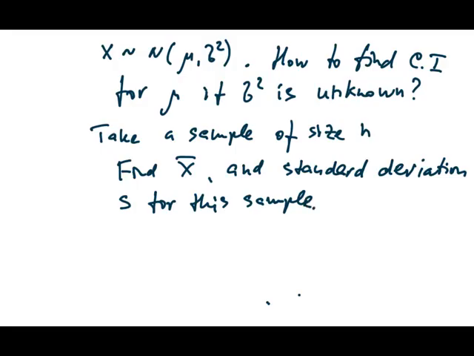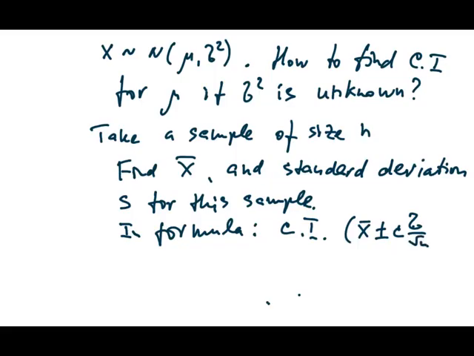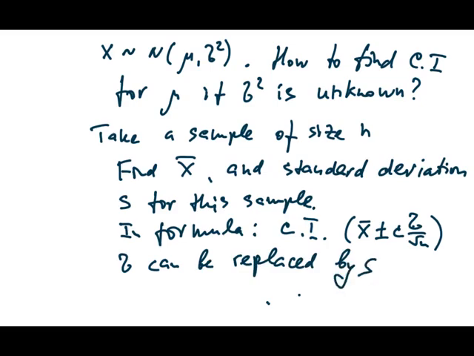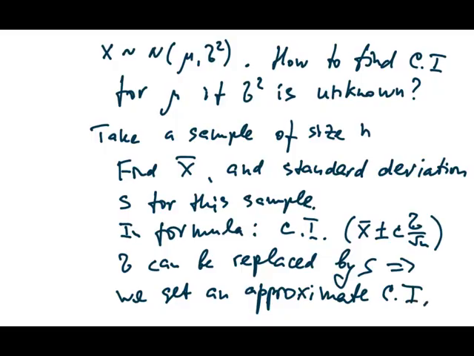Then in the formula for the CI, x bar plus minus c times sigma divided by square root of n, sigma can be replaced by S, but in this case we get an approximate confidence interval.